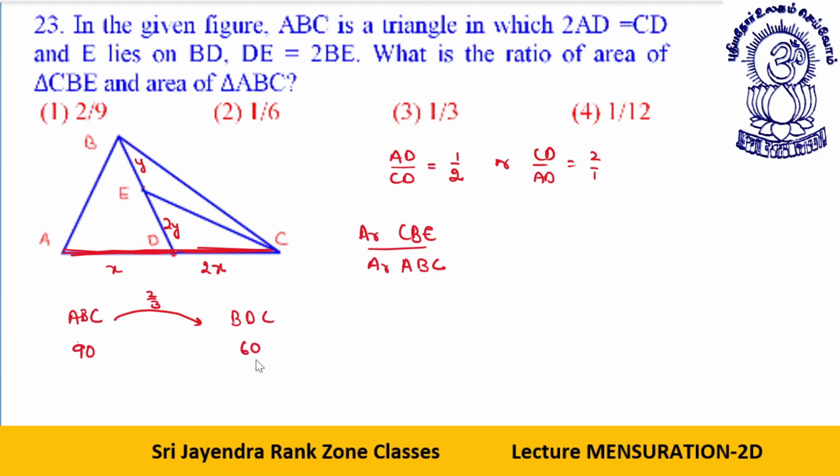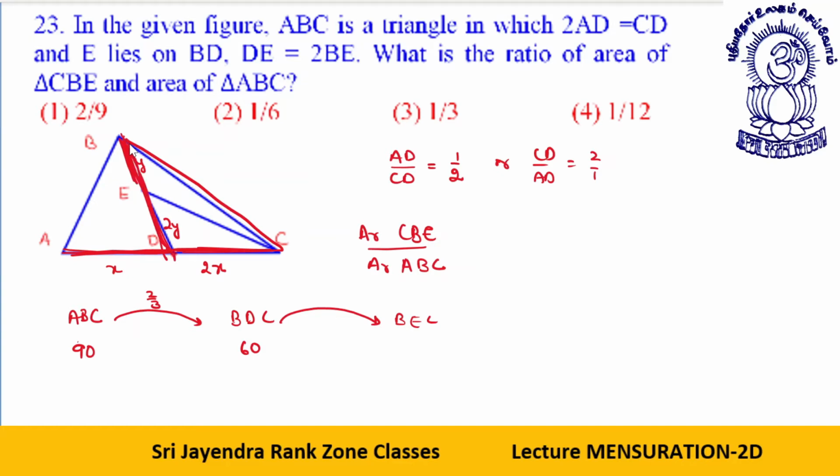Okay, done. From this BDC, if I move to BEC, what will happen? See, BEC has base 1. Now, if I talk about this bigger triangle, BEC has base 1, but BD has base 3, 1 and 2, 3.